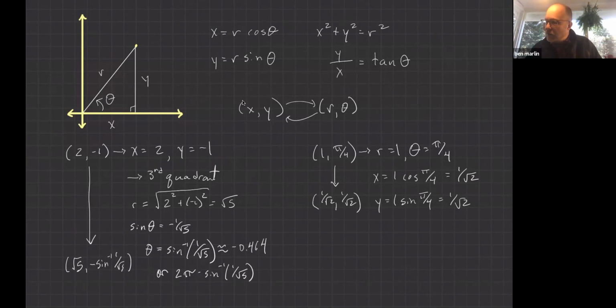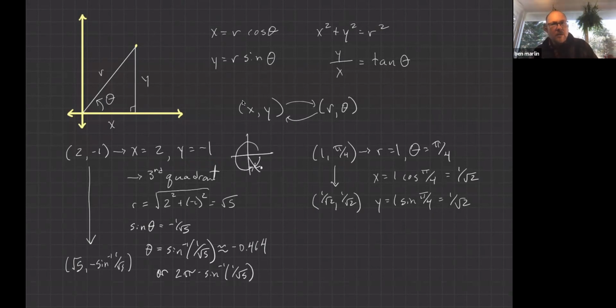And that should tell you from your knowledge of algebra that since your y coordinate is negative and your x coordinate is positive, you are down here somewhere in the fourth quadrant. You can either express that with a negative angle that's between 0 and negative 90, or between 270 and 360.